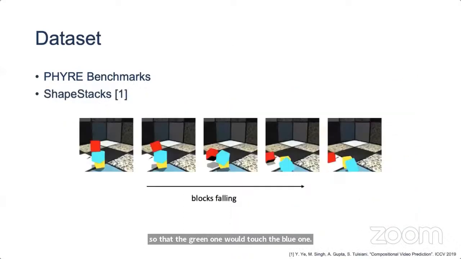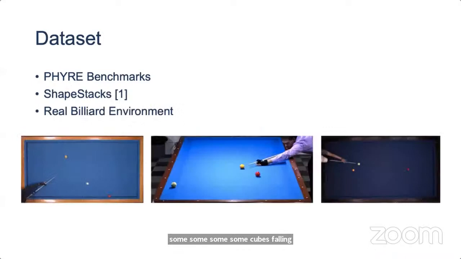The second environment is ShapeStacks, where cubes fall down. We also collected a new dataset called the real billiard environment, where we download YouTube videos of professional players playing billiards, and use these videos to train the predictive model.